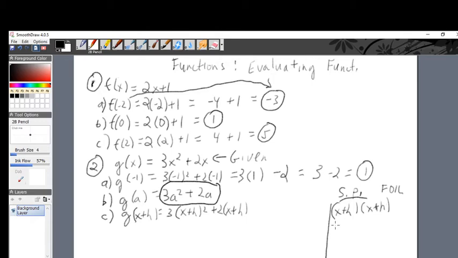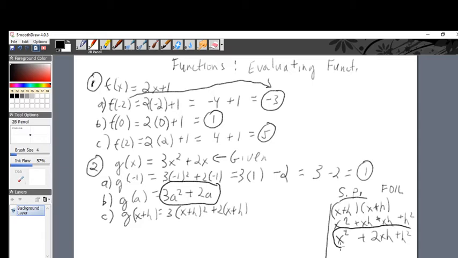X times x is x squared. X times h is xh. H times x is the same thing as another xh. And h times h is h squared. What do I have over here? X squared plus 2xh plus h squared.